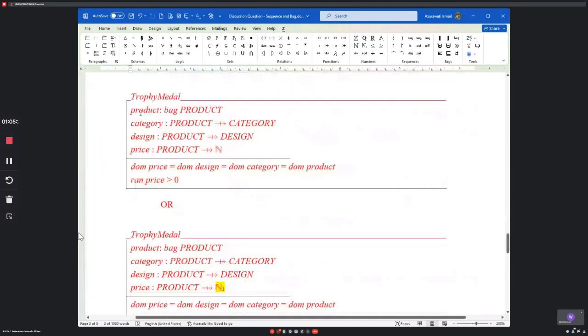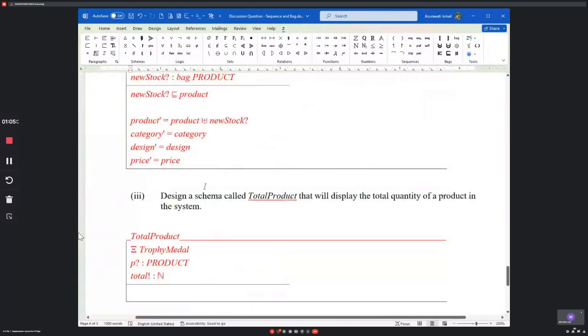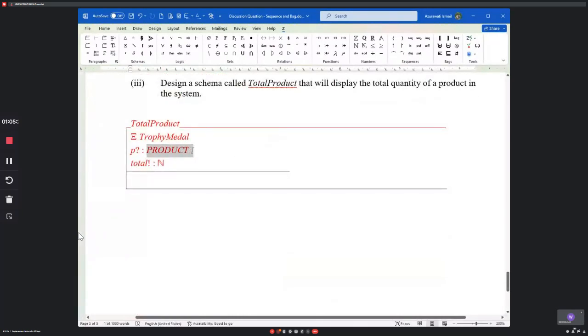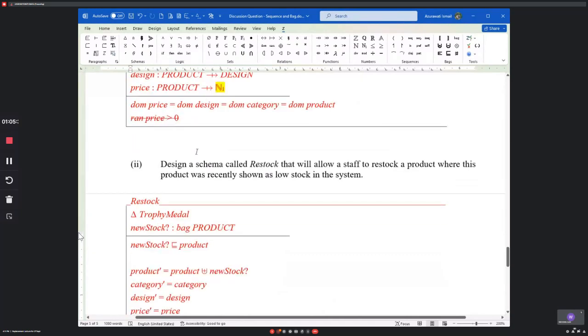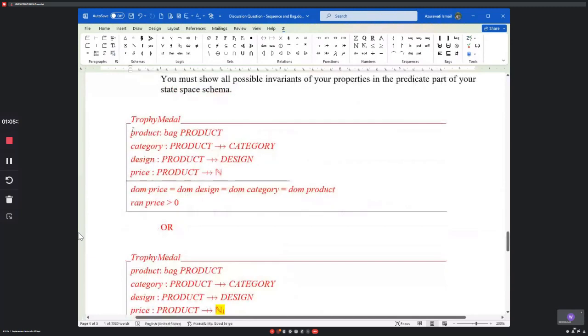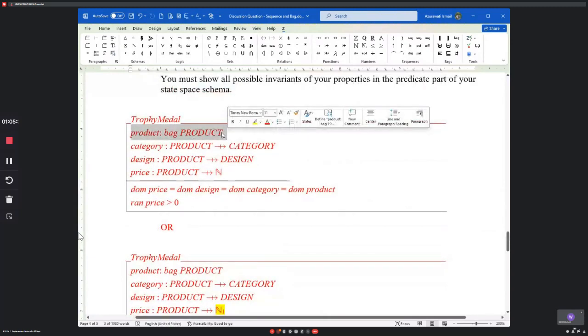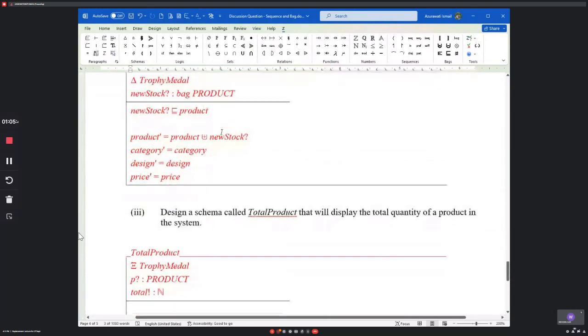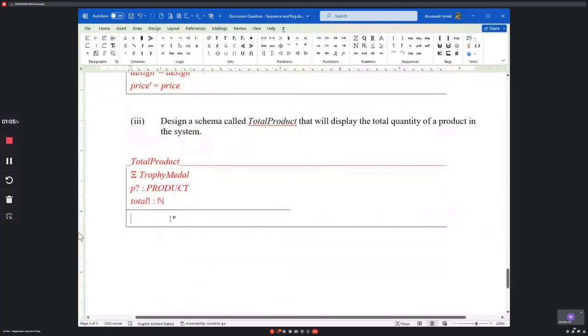Your state space is a bag of product. Here is only a single product, not a bag of product. So when you have a single product and want to check against a bag of product, your symbol must be bag membership.